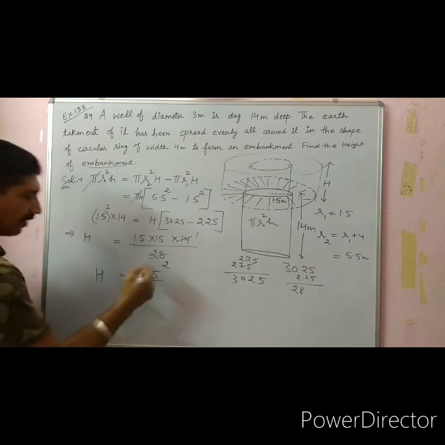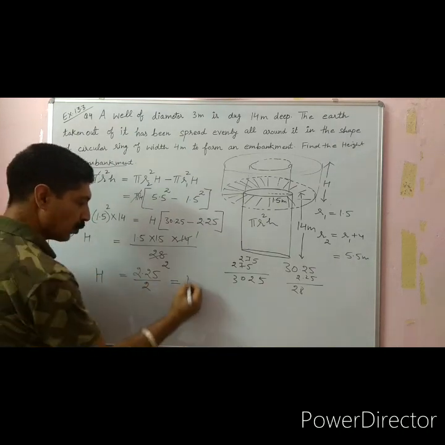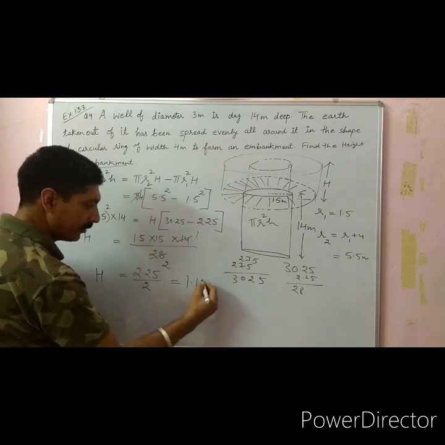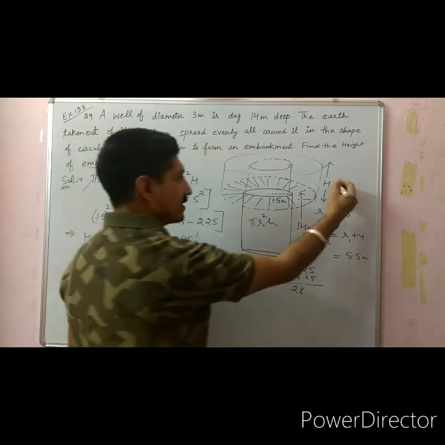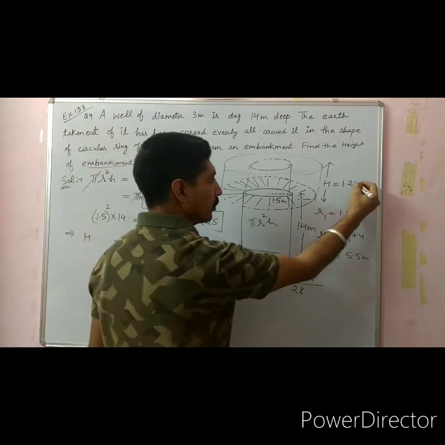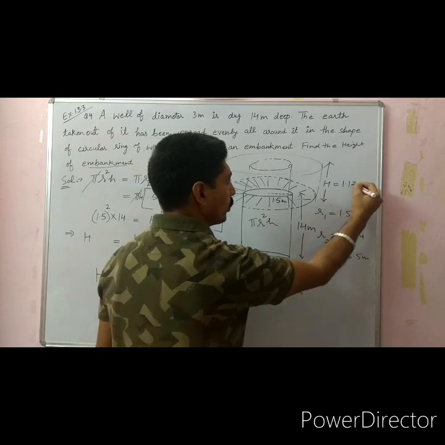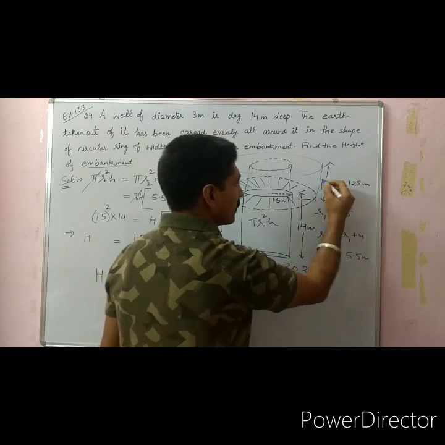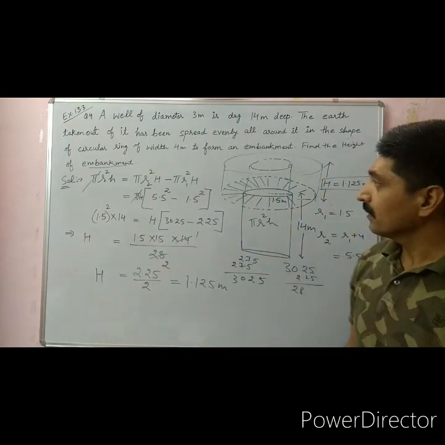So the height of the embankment is equal to 1.125 meter. So the height of this embankment is 1.125 meter. So the calculation is very simple.